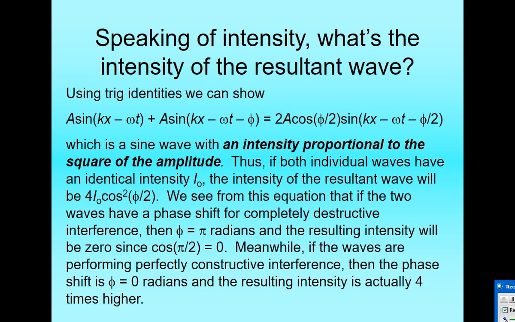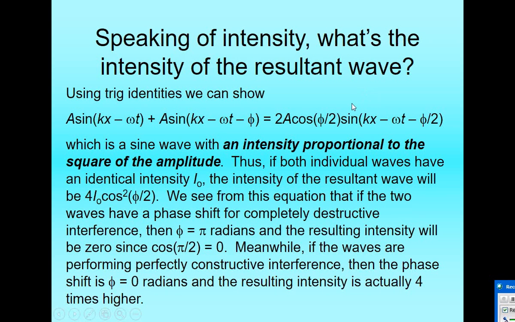Analytically, we can generate an equation that adds these two general wave equations together. One wave will have the equation A, the amplitude, times the sine of kx minus omega t, and the other can have A times the sine of kx minus omega t minus the phase shift phi. And it is possible to add these two equations together and come up with a single result.